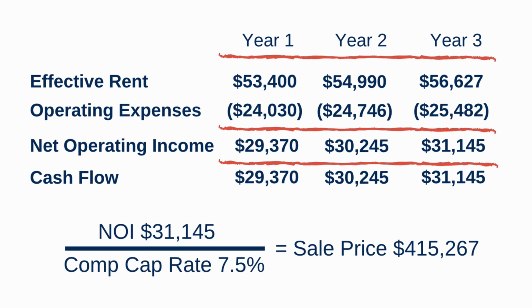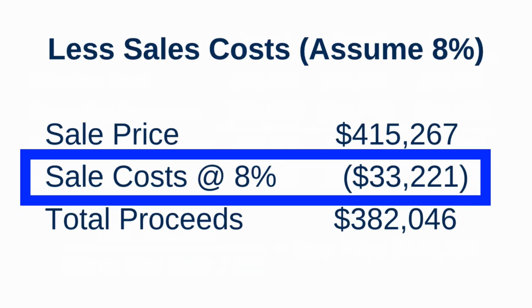Now in this scenario, we are assuming an all-cash purchase, which means we don't have a loan, which means we don't have to pay back any loan balance. So this is almost what we walk away with. Remember, when you have a sale, there will be some other costs, like brokerage fees, transfer taxes, notary fees, legal fees, and maybe even some capital gains, which I must say is outside the scope of this video. Talk to your accountant about capital gains. So we need to make an assumption on what those costs will be. For this one, I assume sales costs of 8%.